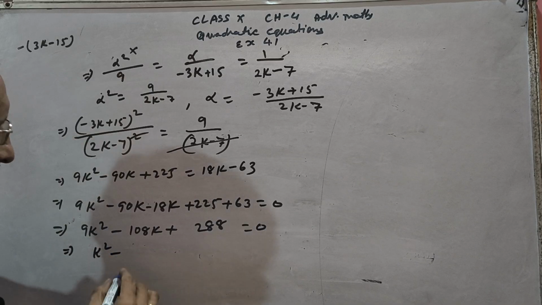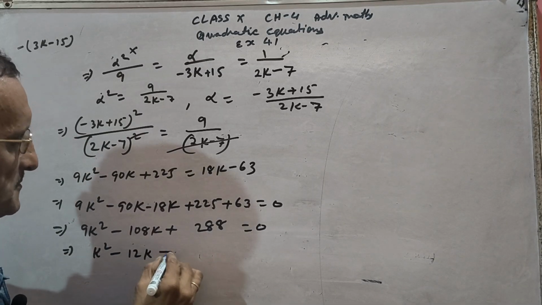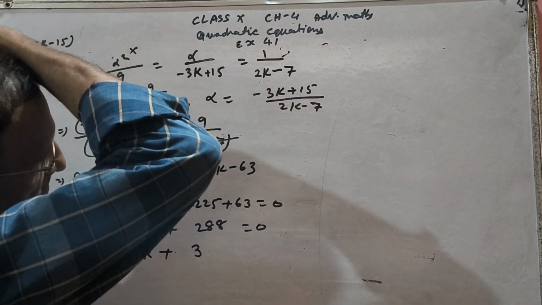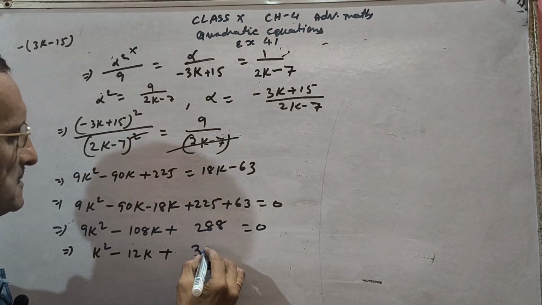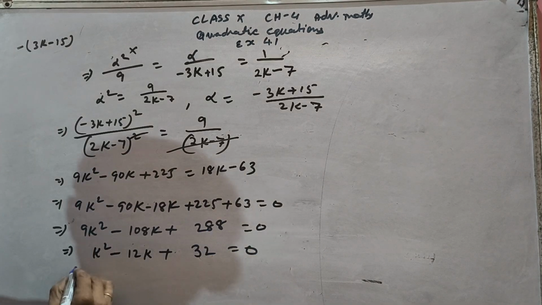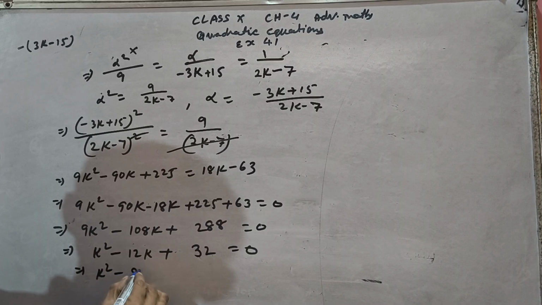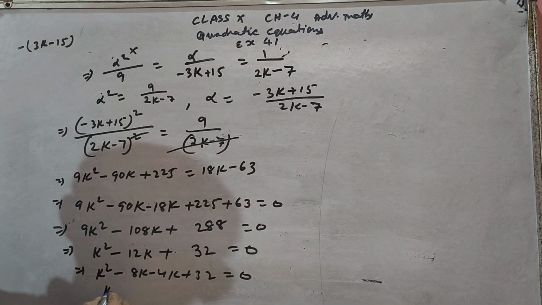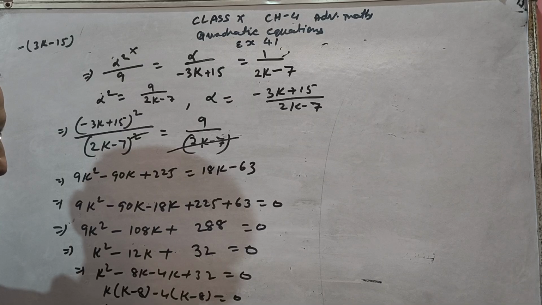K square minus 12k plus 32. Now factorize. We need to find k. So minus 8k minus 4k plus 32 equal to 0. K is common, k minus 8, minus 4 is common, k minus 8. This will give you k minus 8 into k minus 4 equal to 0. We have the value of k as 4 and 8.